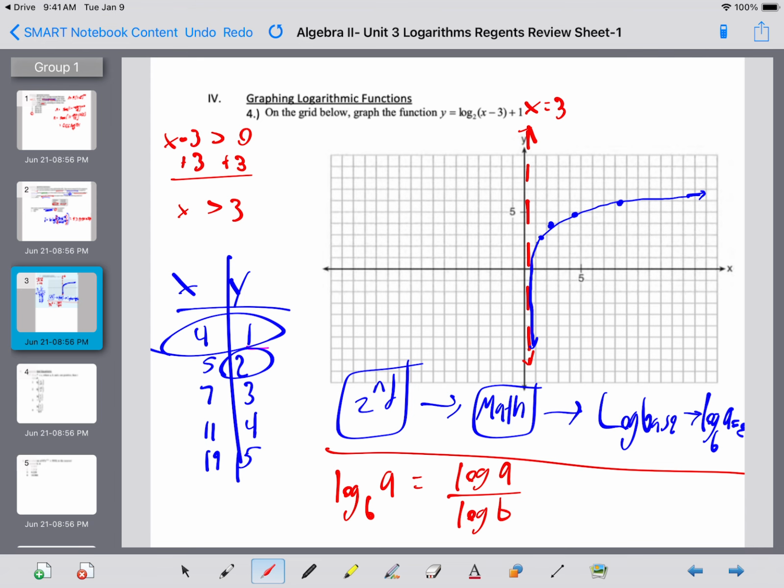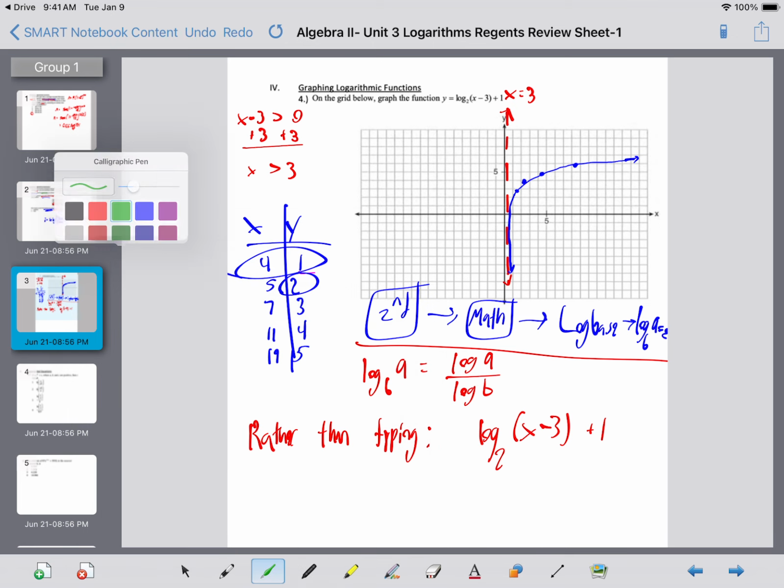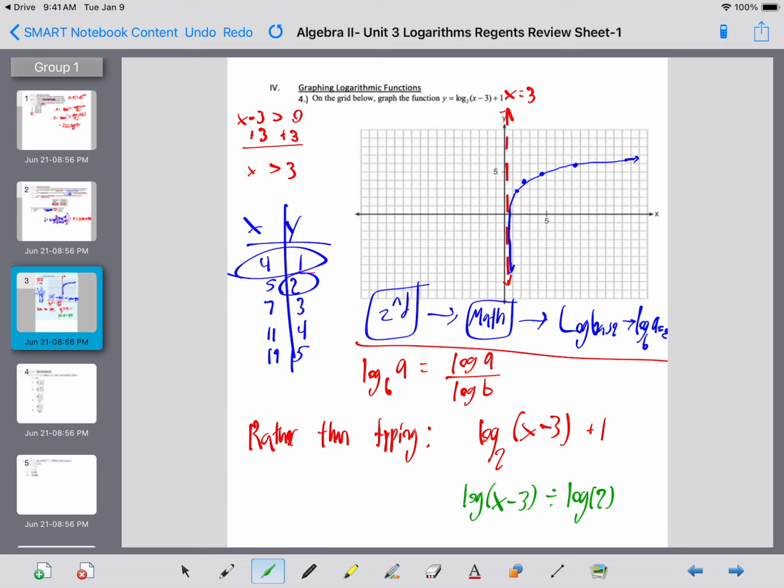So in this case, rather than typing log base 2 of x minus 3 plus 1 into your calculator for y equals, you would type in log of your argument, so log of x minus 3, you'd click the log button, type in x minus 3, divided by log of your base, and then you would add 1 on the outside. So this is the same thing as this, and then you would get these points. Okay?